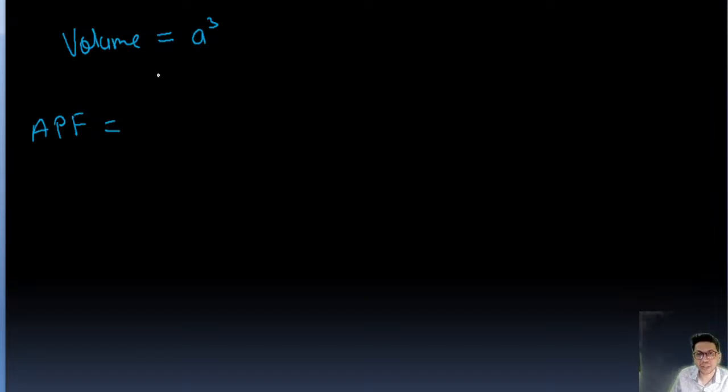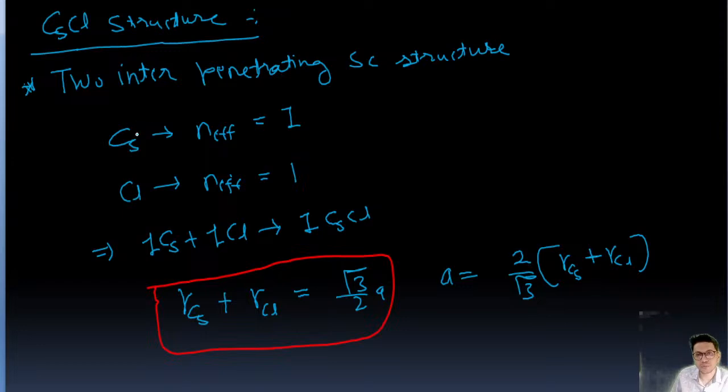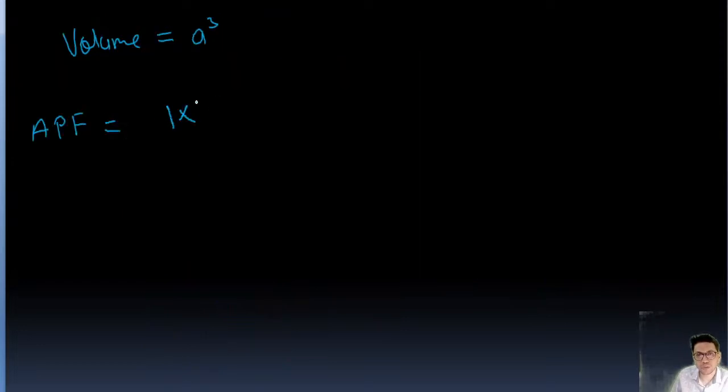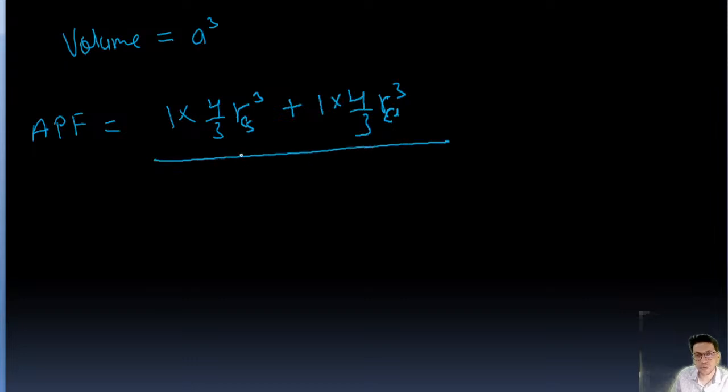The atomic packing fraction: the effective number is 1 for this one, so 1 into the volume of the cesium atom, 4 by 3 pi R_Cs cube, plus 1 into 4 by 3 pi R_Cl cube, upon a cube.